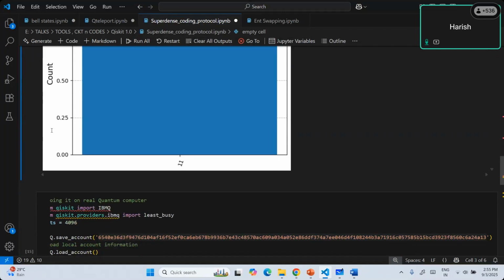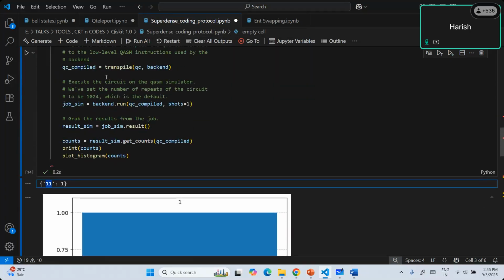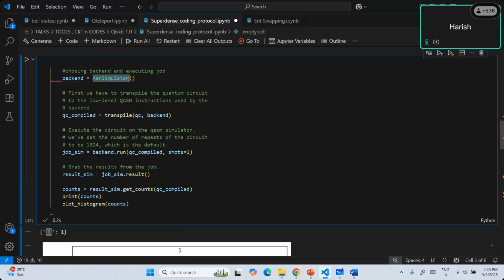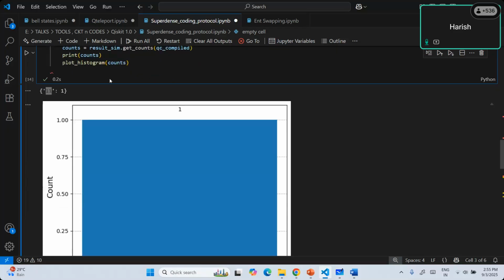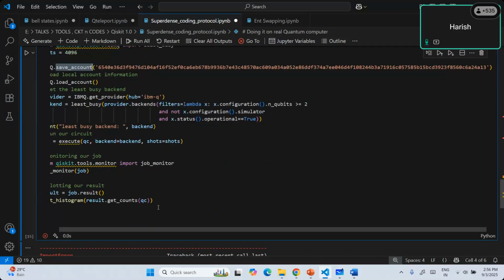Okay. What we have done here is run this on the Aer simulator. The same thing you can do on actual quantum computers with this kind of coding. You just need to import some libraries, save your account details, and then you can run it. Very simple. This code will be submitted to IBM, and you will get the results back once the code has been run.